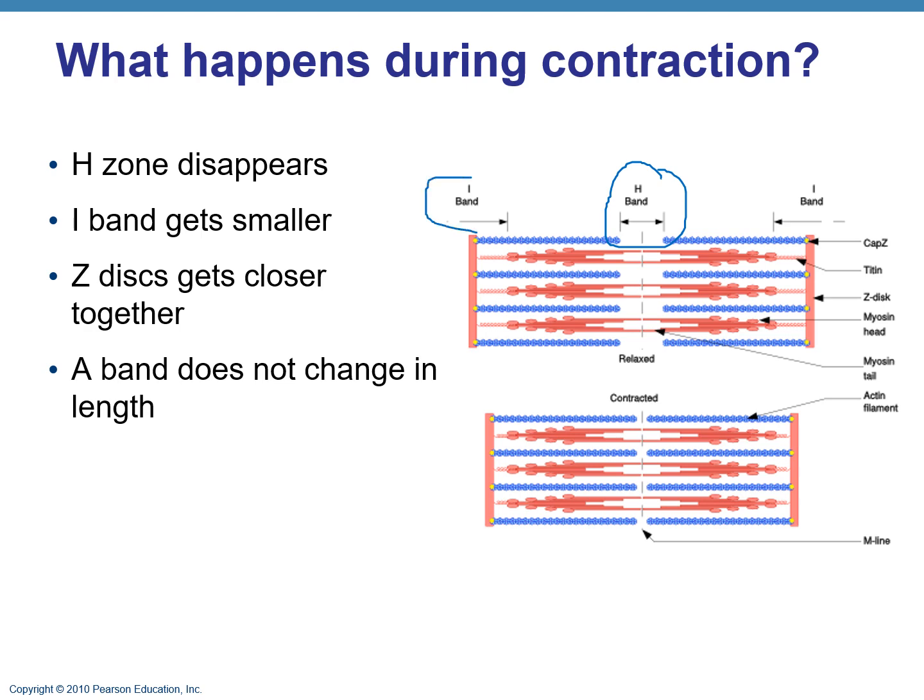The I band also gets smaller. Remember, the I band is the portion of the thin actin filament that doesn't overlap with myosin. So again, when contraction is occurring, we're increasing overlap of actin and myosin, so the I band also gets smaller. The Z discs, the ends of the sarcomeres, get closer together because that's what we want to do.